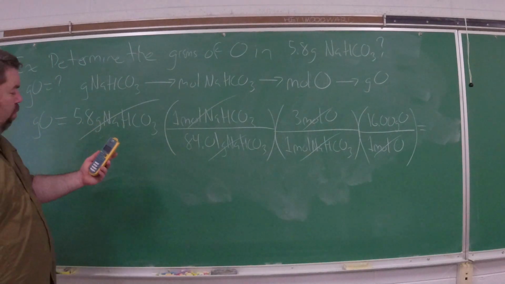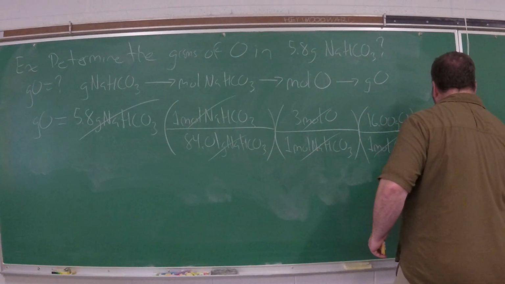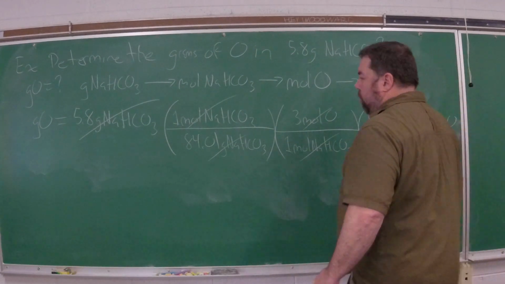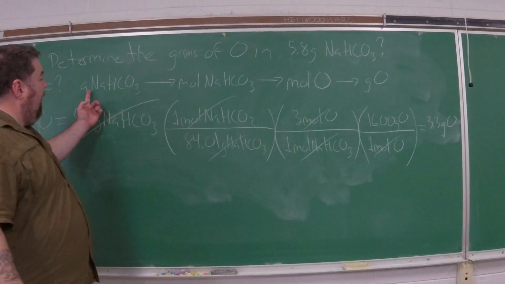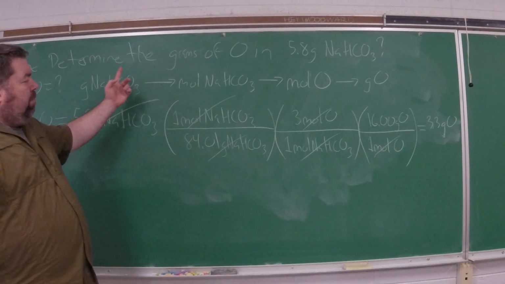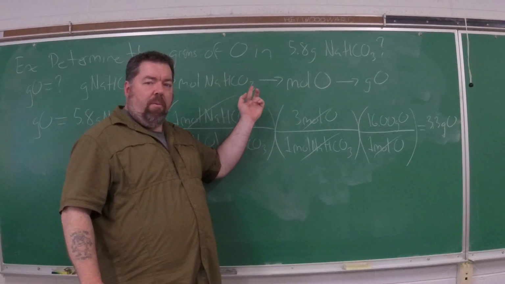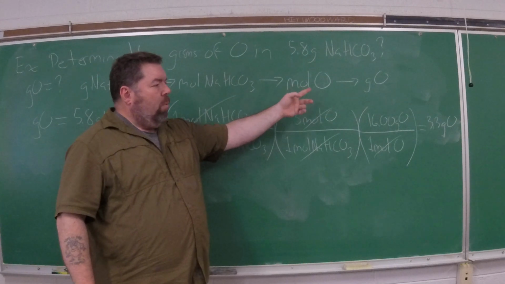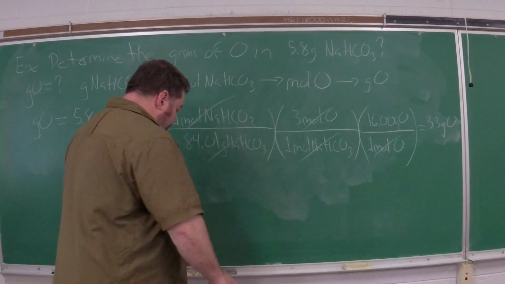We only have 2, so we have 3.3 grams of oxygen. Okay? So again, grams to moles using molar mass, moles to moles using the conversion factor from the chemical formula, and then moles to grams, molar mass once again. I'll do another example.